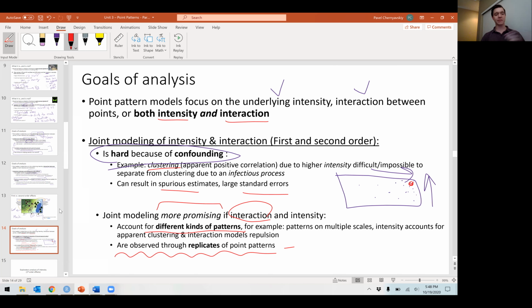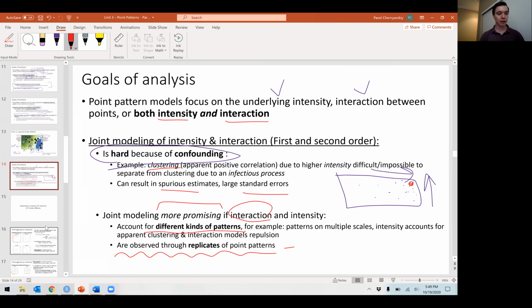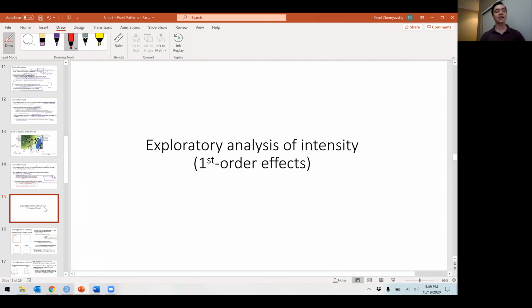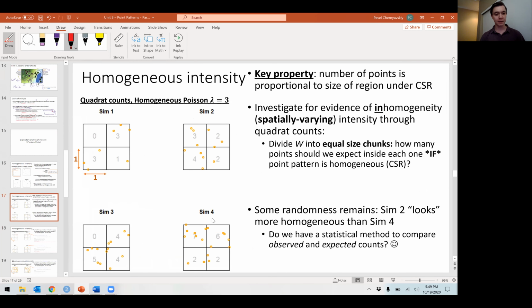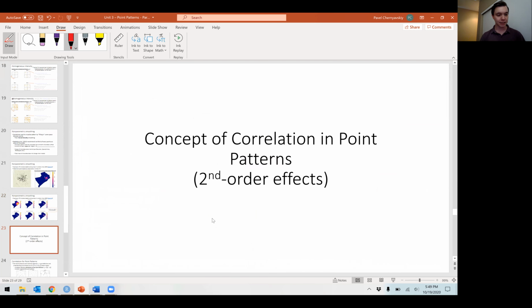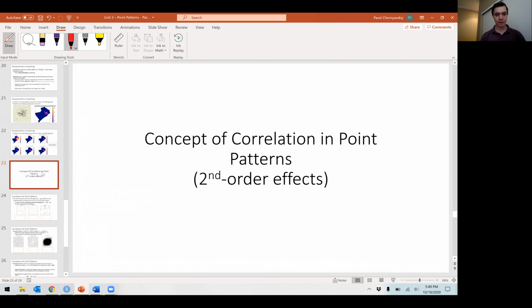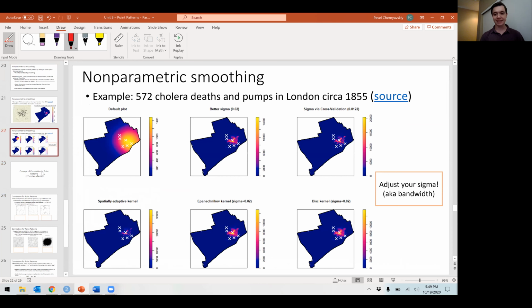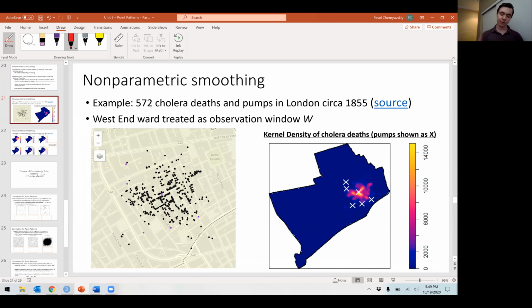I found a lot to talk about in the first 14 slides. We're not in a rush here. And so perhaps next time I will go through the exploratory analyses of first order and second order effects. We'll go through some plots in R, although I will upload the code with this video, so if you want to read ahead, you can.